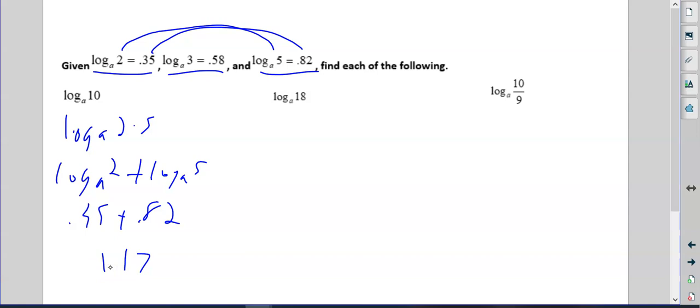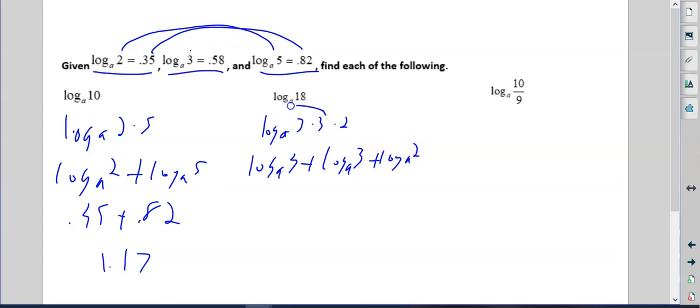18, how can we do that? Well, that would be log a of 3 times 3 times 2. 3 times 3 is 9, times 2 is 18. So that would be log a of 3 plus log a of 3 plus log a of 2. You could have also written this as 3 squared, which would have just put a 2 out in front of one of these.